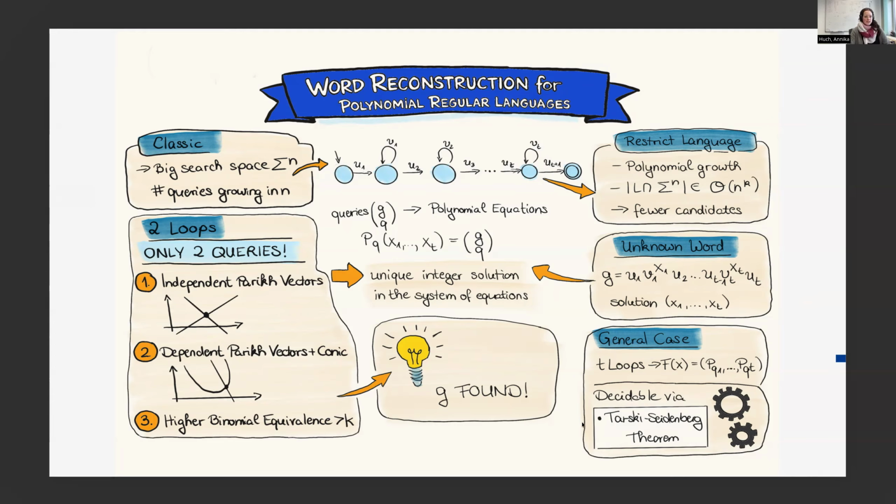And in the general case, we translate the polynomials to this map, which needs to be injective in order to guarantee a unique solution. And this can be decided via the Tarski-Seidenberg theorem, as I showed you before. This was it from me, and I'm happy to try to answer any questions from your side.